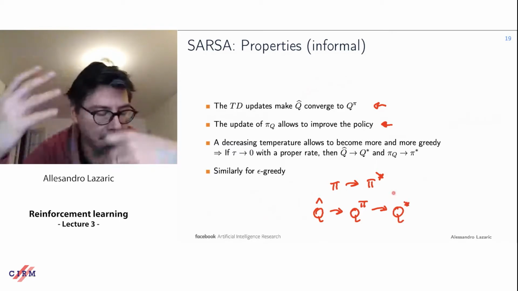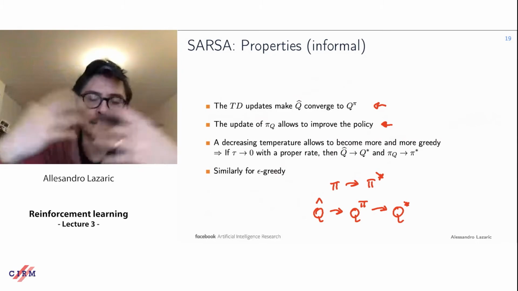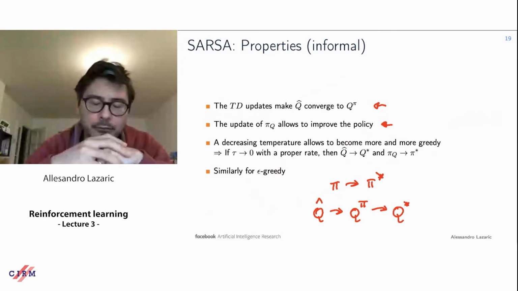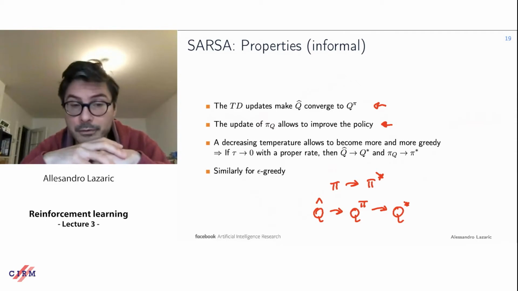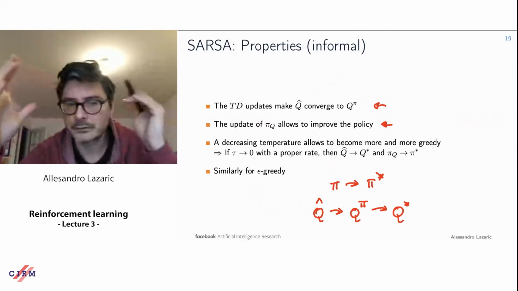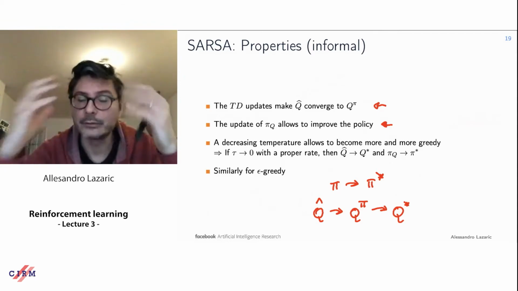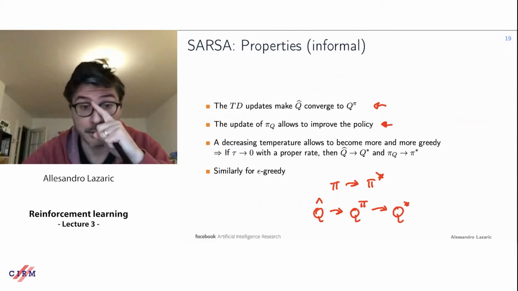But again, everything is interleaved and entangled together. So analyzing this type of algorithm is definitely non-trivial. But I just want to, again, convey the message that they're sound and they follow sound intuitions in the way they're defined.